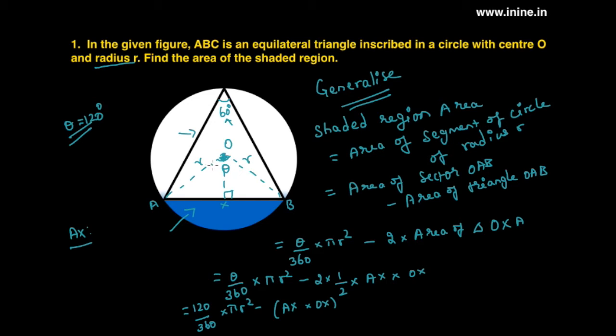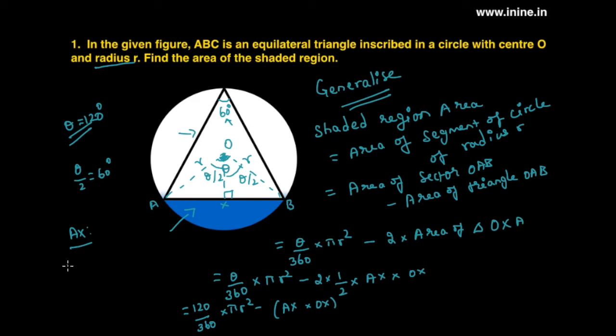Here, this angle is theta by 2 and this angle is theta by 2, since OX bisects AB and also the angle theta. We know theta equals 120 degrees, so theta by 2 equals 60 degrees. So using trigonometry, we can find AX and OX.